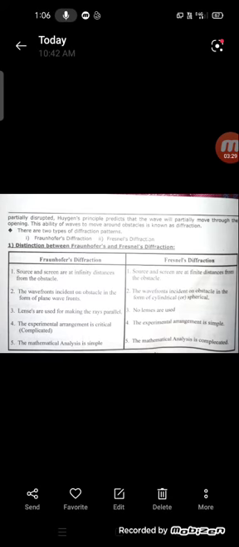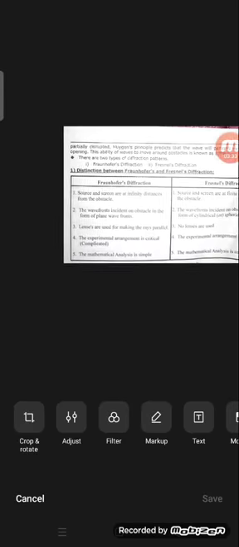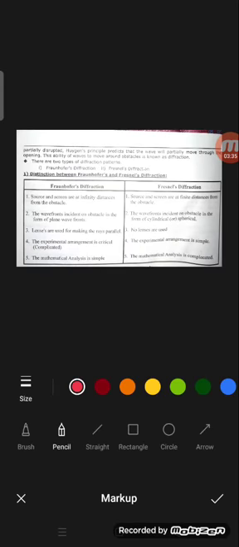Next, we have two main types of diffraction: Fraunhofer diffraction and Fresnel diffraction.